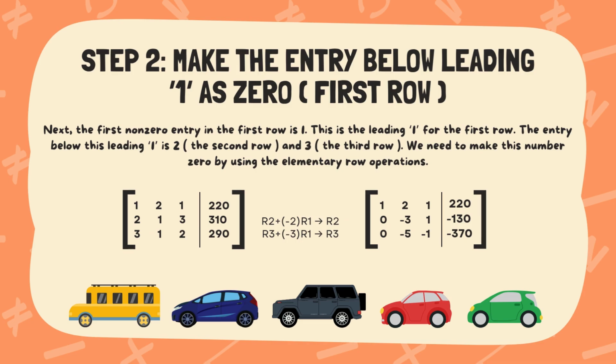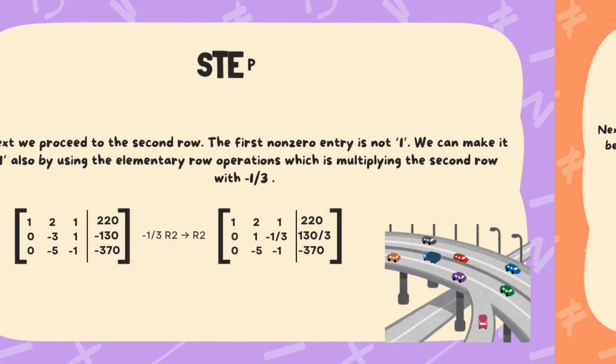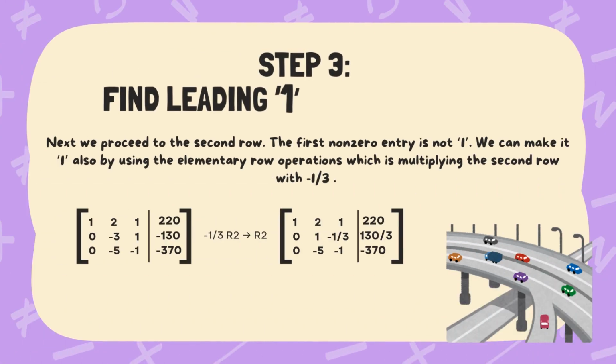We need to turn all the entries below the leading one into 0 by using elementary row operations. We need to multiply the first row by a non-zero constant, which is -2, and add it to the second row. This will change the second row numbers, and we also need to do the same thing for the third row. Multiply the first row by -3 and add it to the third row. Step 3. Next, we will proceed to the second row.